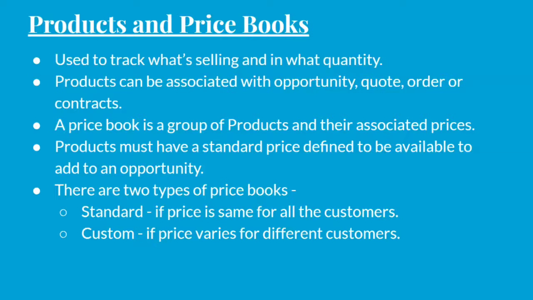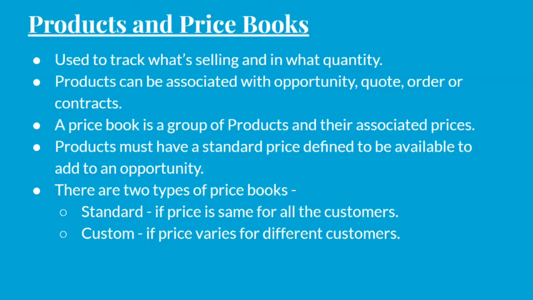Now you have two types of price book. Suppose you have a whole lot of customers, but then you have some categorization of customers. If you have the same price defined for a product for all types of customers in your system, then you can use the standard price book. But there could be a possibility that you have different prices for different types of customers.